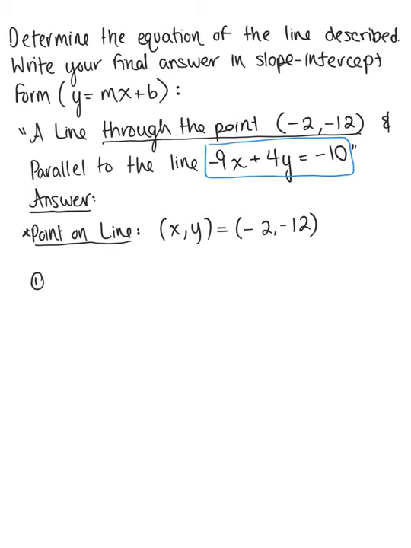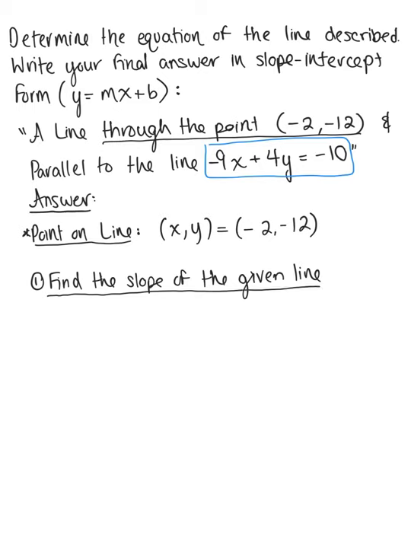So say part 1 is to find the slope of the given line. And to find the slope of this given line, we want to rewrite it in its slope-intercept form. So I have -9x + 4y = -10, and we want to isolate y, or solve for y.